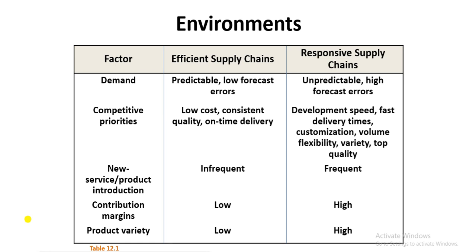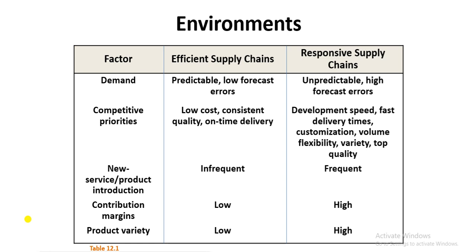So the result is called the contribution margin, and that contribution margin is being used for profitability and to cover the fixed expenses. So if your company belongs to an industry where contribution margins are low, then you should choose the efficient supply chain. On the other hand, if your company belongs to an industry where contribution margins are high, then you can choose the responsive supply chain.